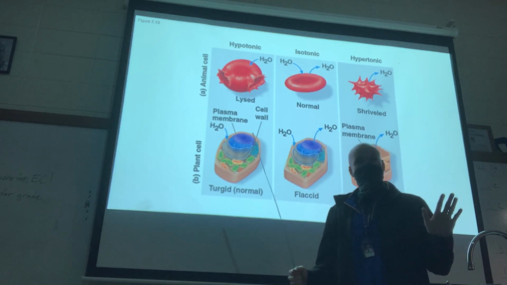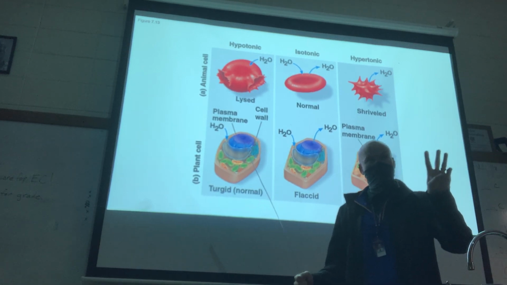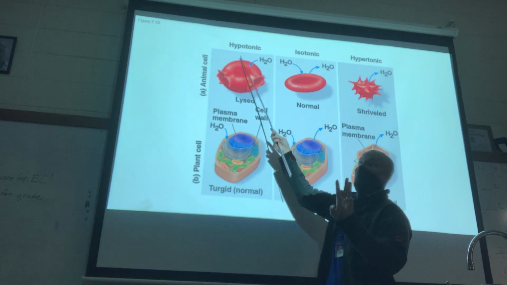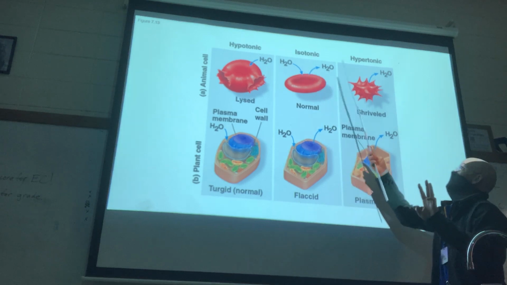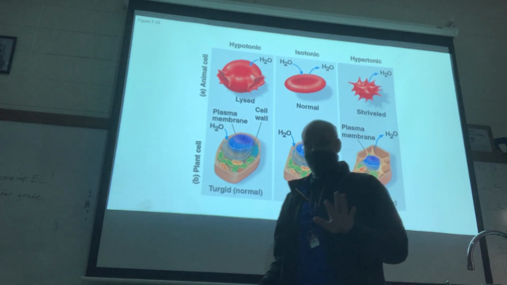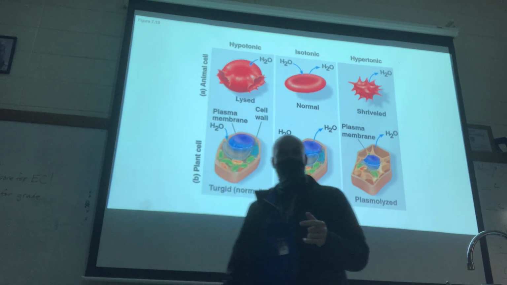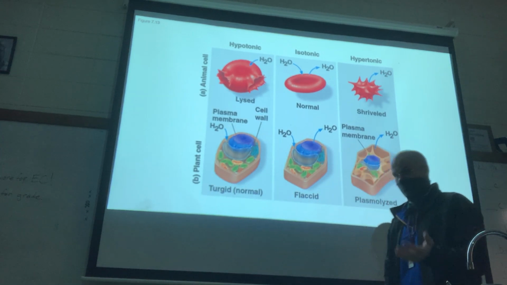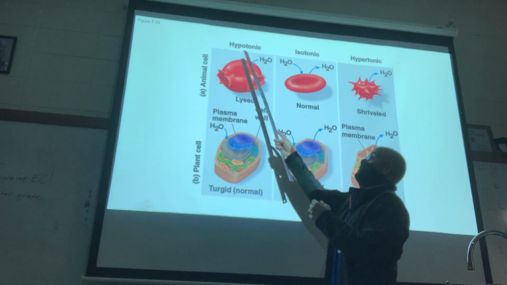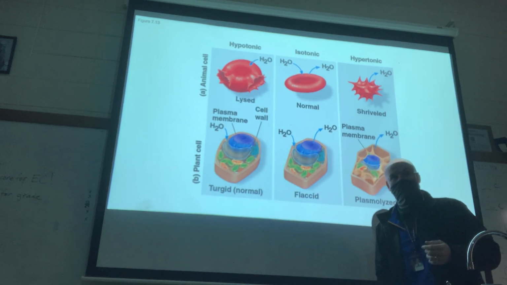So a cell can find itself in one of three environments. It can find itself in a hypotonic, isotonic, or hypertonic environment. And it makes a big difference in the life of the cell and what that cell is going to do. So, hypotonic. Okay?